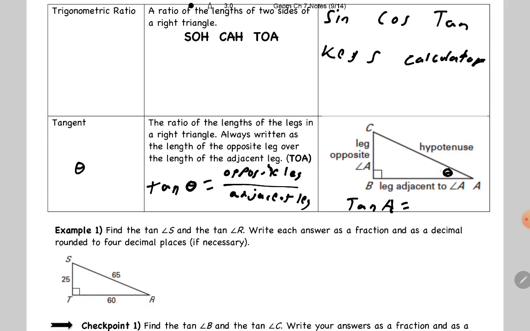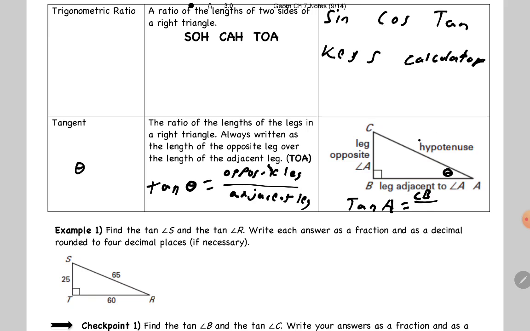So you start at your angle and go to the opposite side of the triangle. That would be the length of CB, over the adjacent leg. Adjacent means next to, but not the hypotenuse.